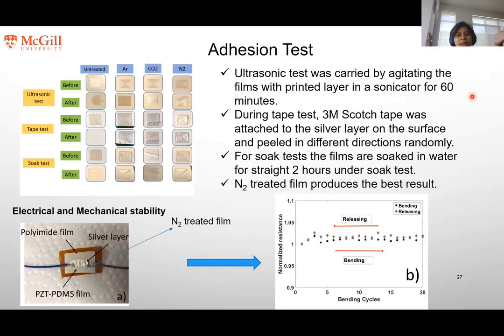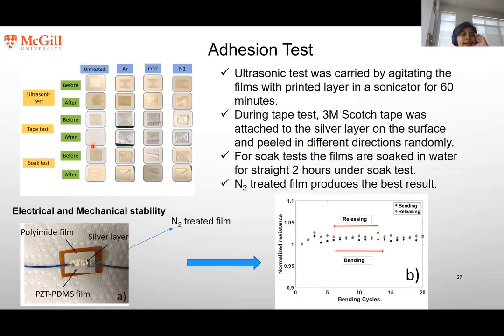That's a very important part: we need to do the printing as fast as possible. Then we did some adhesion tests. We printed a pattern on different films, untreated and treated with the different processes we mentioned, and then we did an ultrasonic tape test and a soak test.